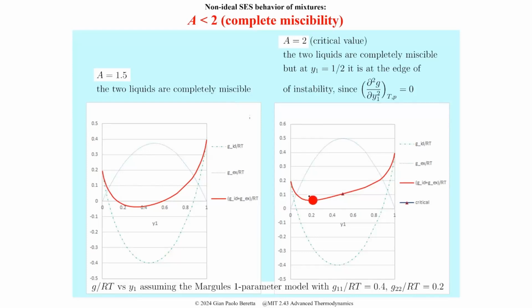At that moment, you still are okay in terms of stability, but at the minimum here, you have a second derivative equal to 0. Of course, for these plots, we had to assume something about the properties of the pure substances. So I assumed these values, 0.2 for one substance and 0.4 for the other.